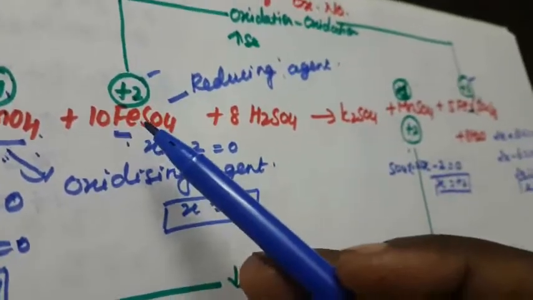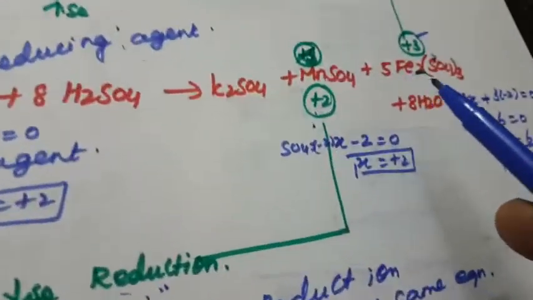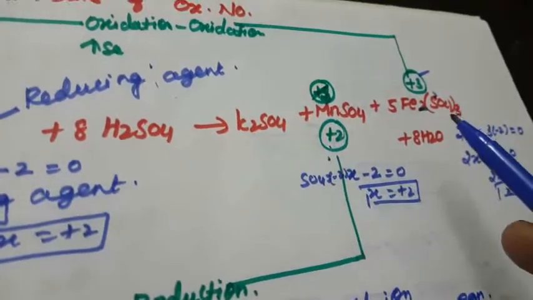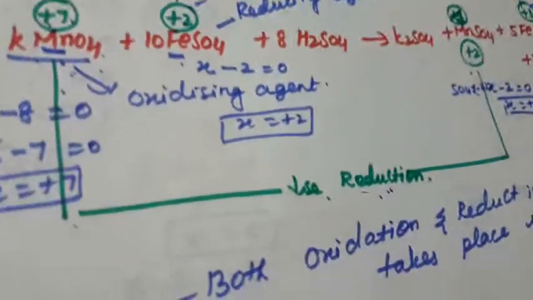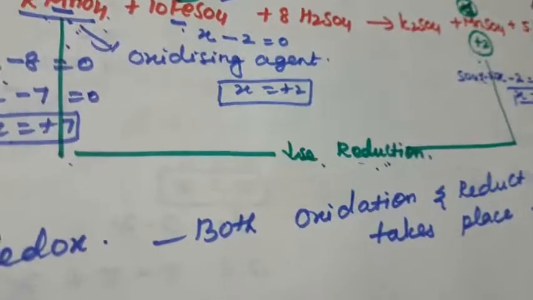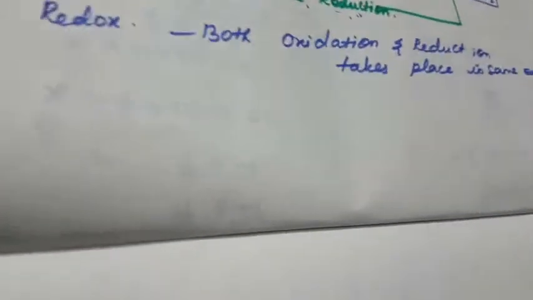For ferrous sulfate, the oxidation number increases from +2 to +3, so oxidation takes place and it is a powerful reducing agent. Since both oxidation and reduction take place, it is called a redox reaction.